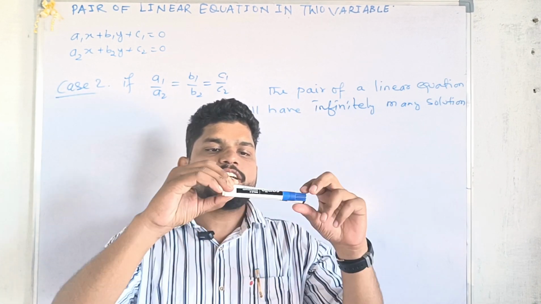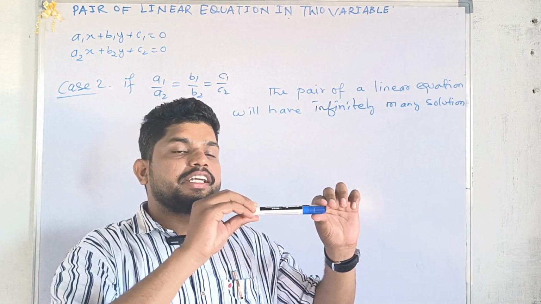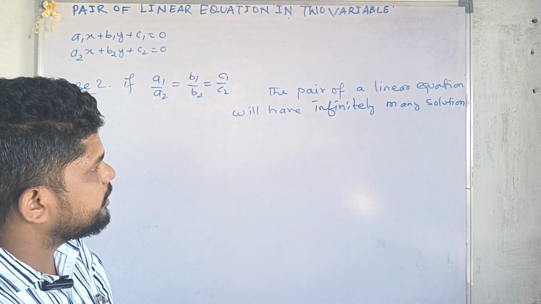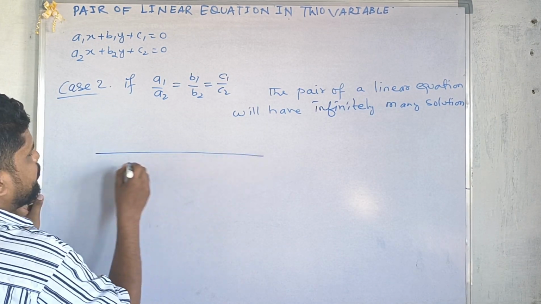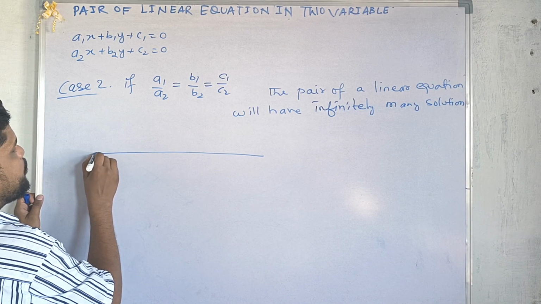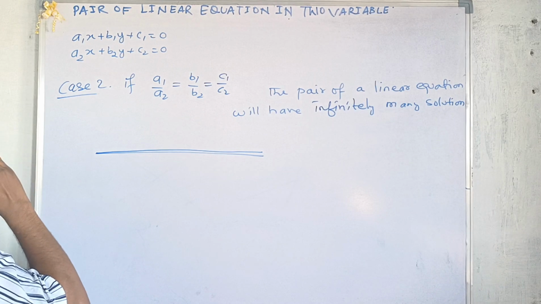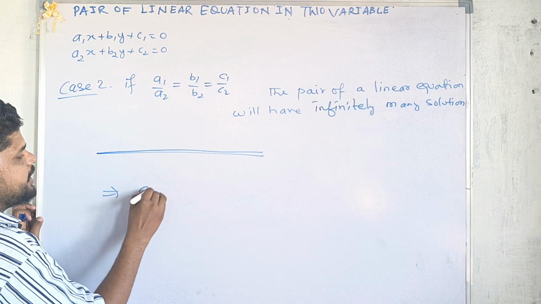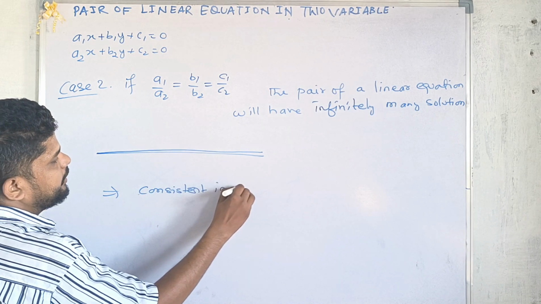If they coincide, that means they will have infinitely many solutions, like this will overlap. So again it will be called consistent in nature.